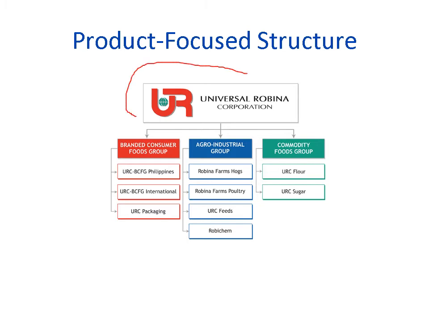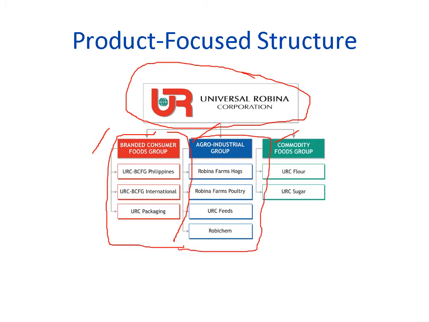One is Universal Robina, a food corporation. They have the branded consumer foods group, the agro-industrial group, and the commodity foods group. So different product lines for each group, and each group is managed by a different product manager.